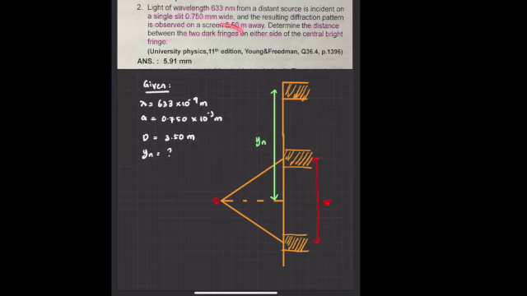From slit a. And it says dark fringe, okay, dark fringe n equals 2.